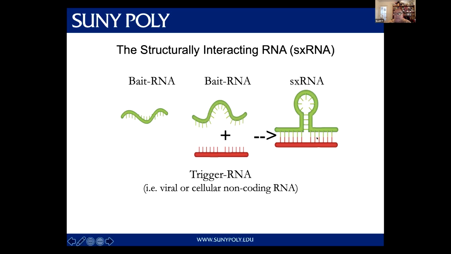And it's a switch that is going from an off form to an on form as a result of the presence of something coming from the cell. So it's analogous to an RNA-based transistor that we can control the state of whether it's on or off, depending on the presence or absence of this trigger RNA.